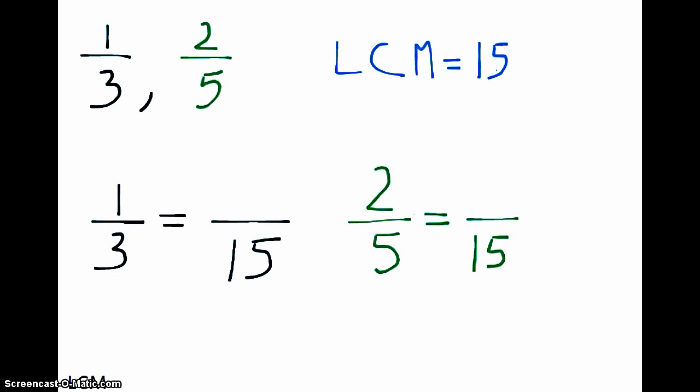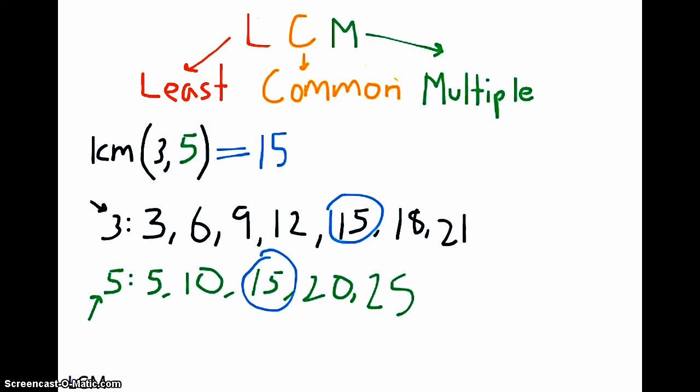Now, taking this one step further, if we have fractions and we're looking for an LCM, you can see we have the two fractions, 1/3 and 2/5. The numbers that we would be looking for, the multiples, would be in the denominators. And we just found that the LCM for 3 and 5 is 15.